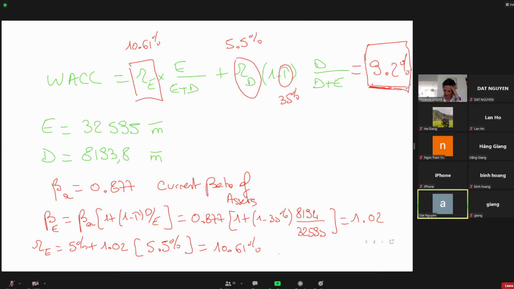Not yet. Okay. So now I would like you to think about the optimal capital structure. So it's the WACC of Boeing in 2009, but the second question is about the optimal capital structure of Boeing.